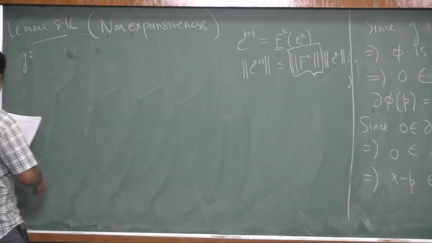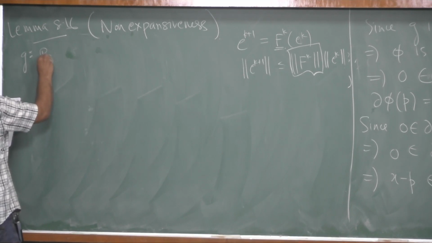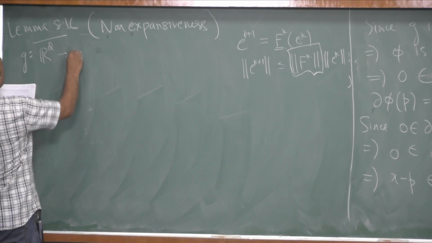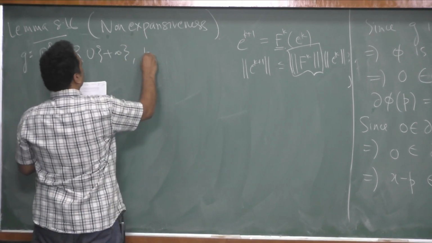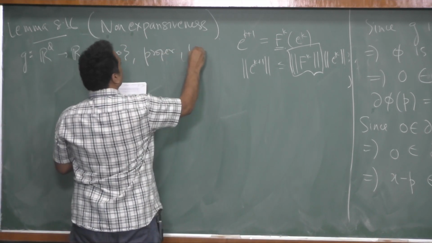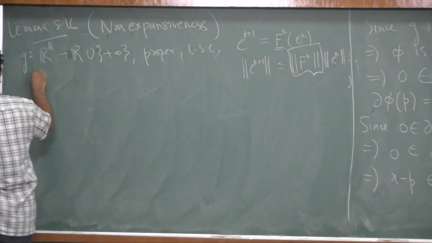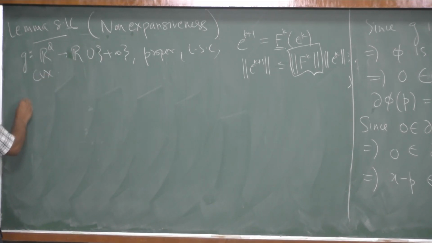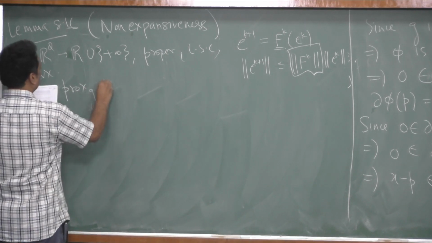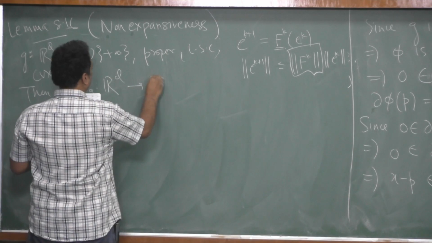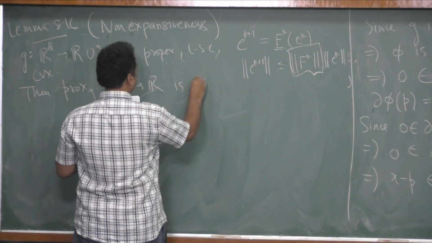So let G from R^D to R be proper, LSC, convex, then prox of G is one Lipschitz.